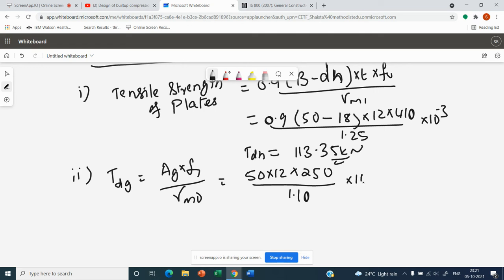Again, if we divide it with 10 to the power of minus 3, we will get the cross section yielding strength of the flats which we are using as lacing system. So these are the values. So least of these two, whichever is least, that will be the tensile strength of the lacing bars. Since lacing bar is a plate, it's a flat, we are using the tension member formulas.